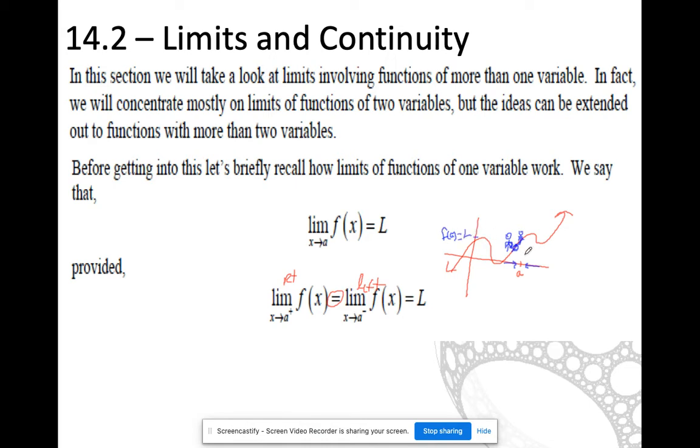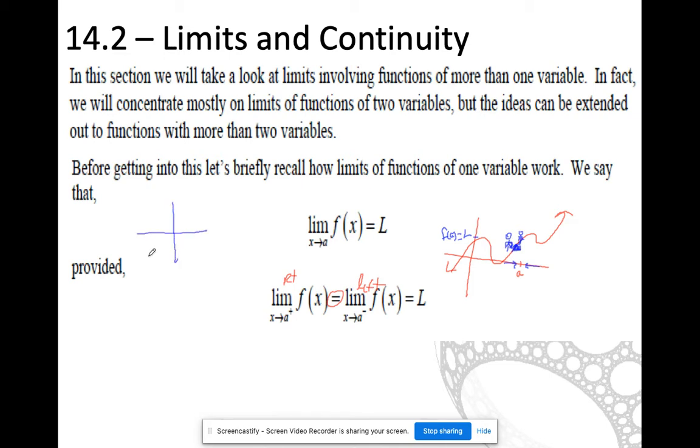So if you have a removable discontinuity or you have continuity, the limit as x approaches a from the right and left is equal to the function value at a. F of a will equal the limit if you have a hole or a removable discontinuity, or of course if you have continuity. So hopefully you remember the places where you had limit issues.